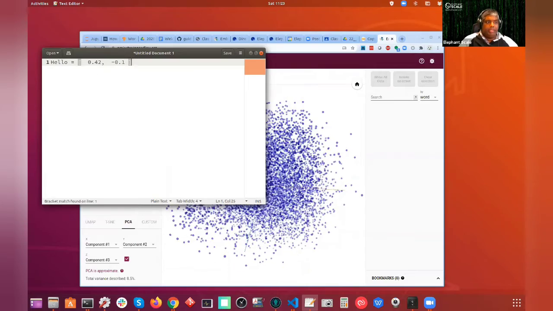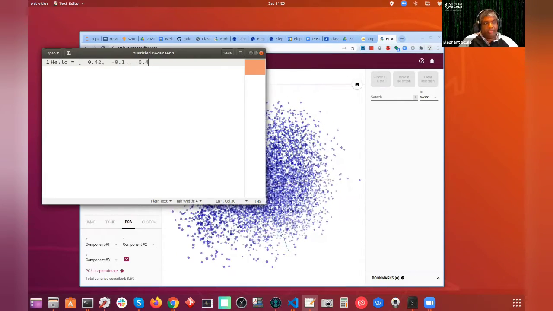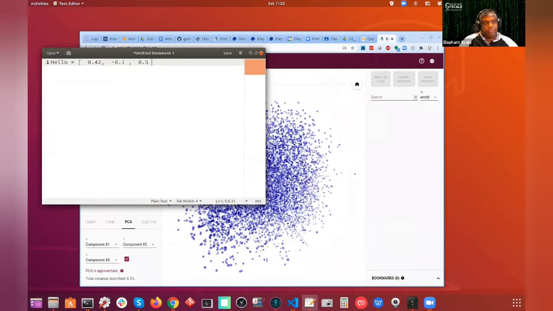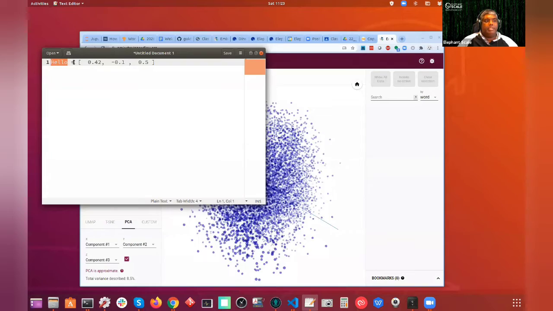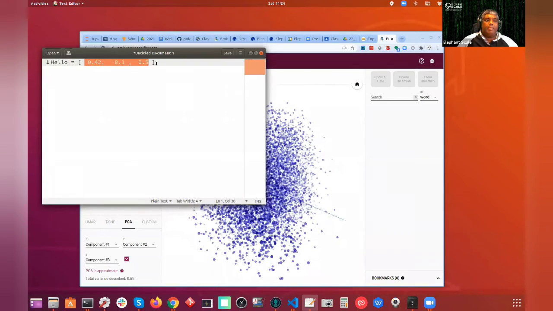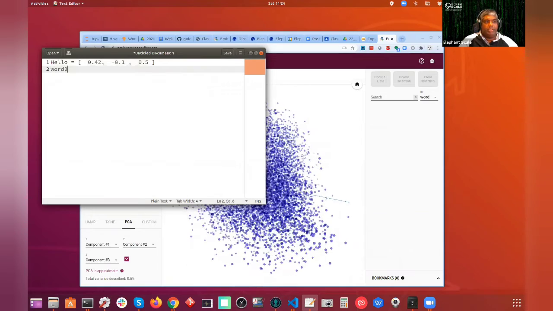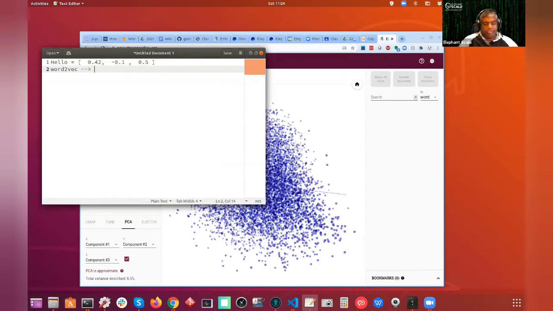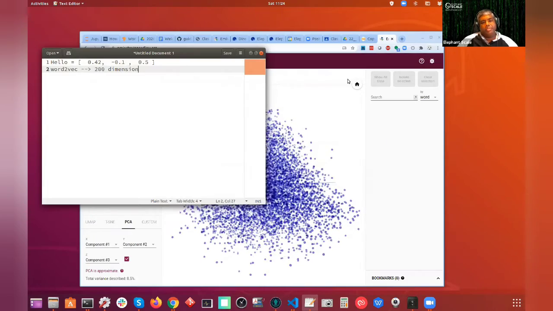Now if I add another component, it becomes 3-dimensional, right? So what I'm doing is converting a word into a vector. So word2vec is actually 200 dimensions, so now we have a 200-dimension vector. That's what we are loading.